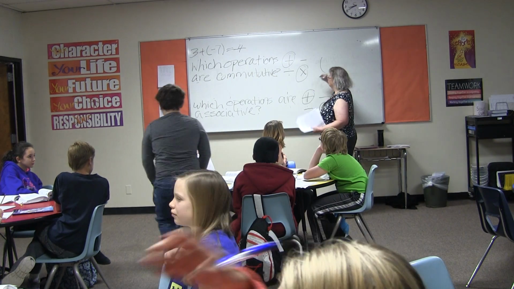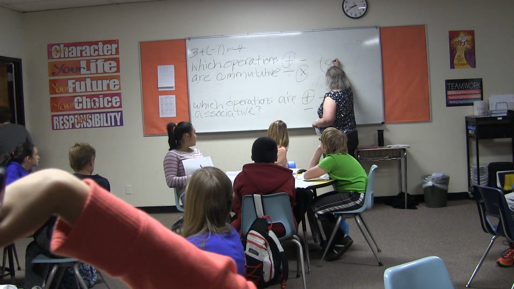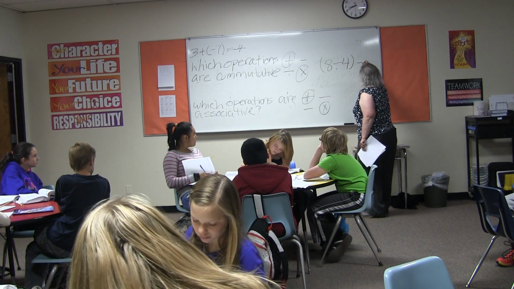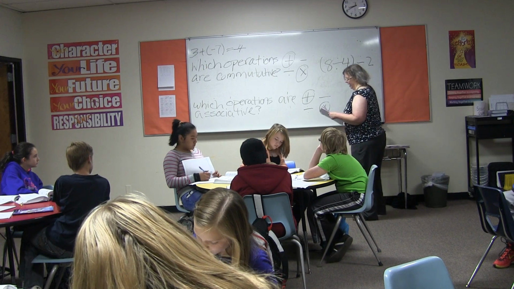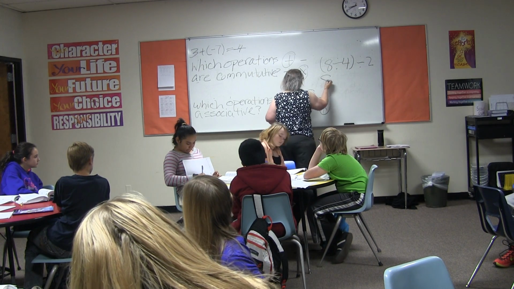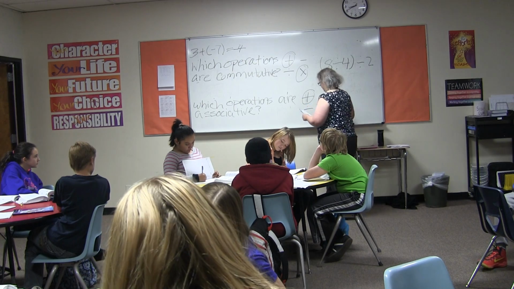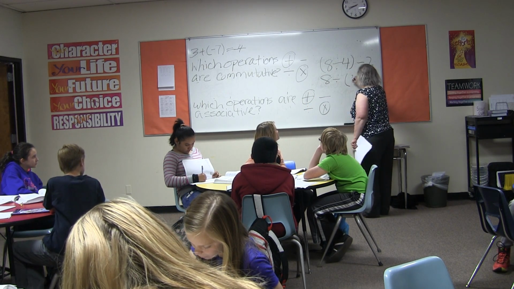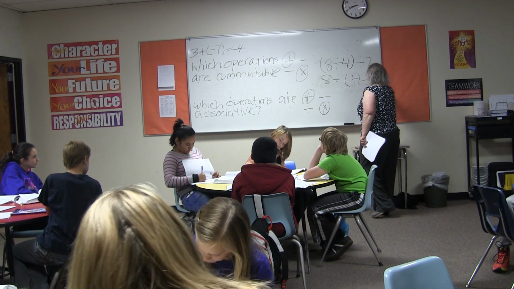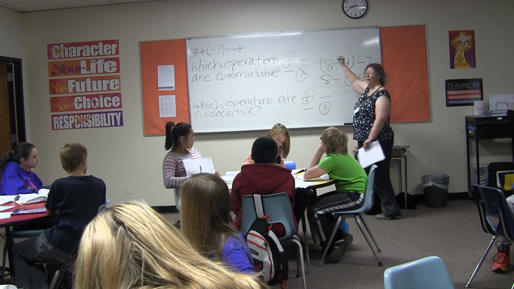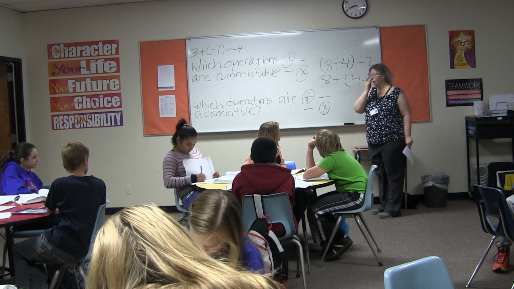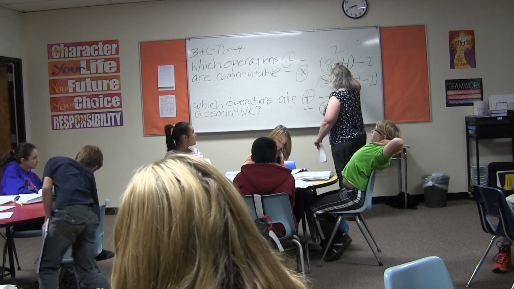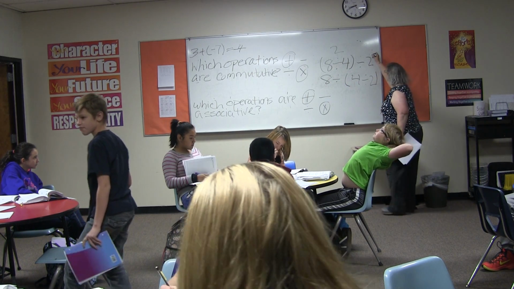So if we're doing associativity, 8 divided by 4 divided by 2, and 8 divided by the quantity 4 divided by 2. Using our PEMDAS, so parentheses first, 8 divided by 4 is just 2, 2 divided by 2 is 1.